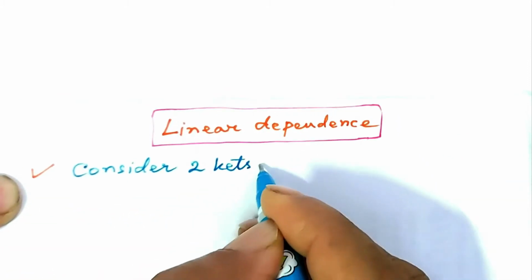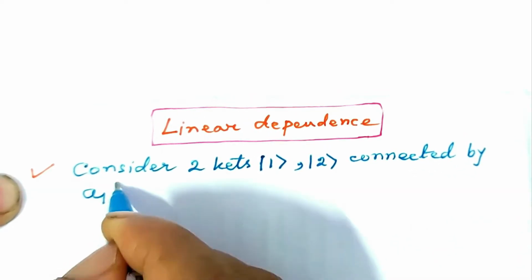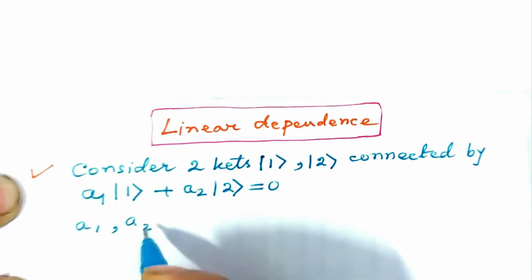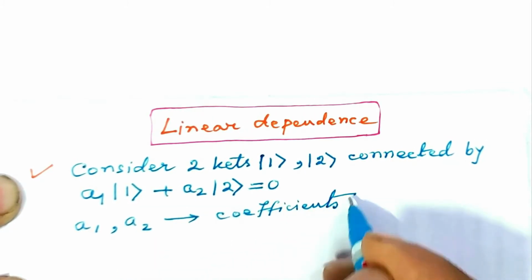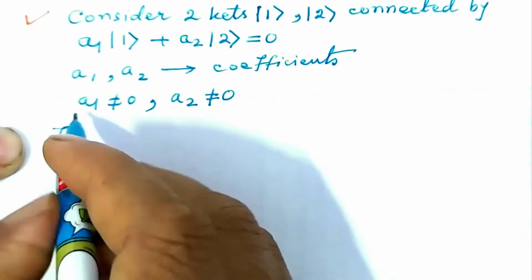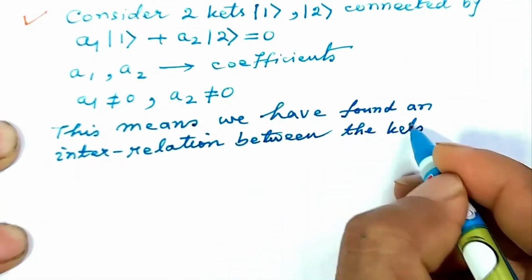Consider two kets, ket1 and ket2. They are connected by the relation a1 ket1 plus a2 ket2 equal to 0, where a1, a2 are coefficients, and let us suppose that a1 is not equal to 0, a2 is not equal to 0. This means that we have found an interrelation between the kets.